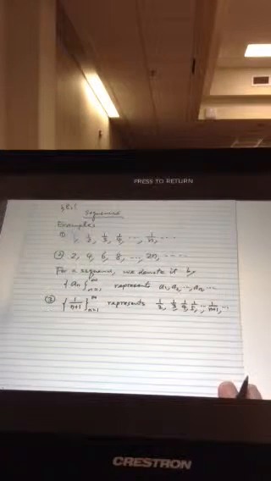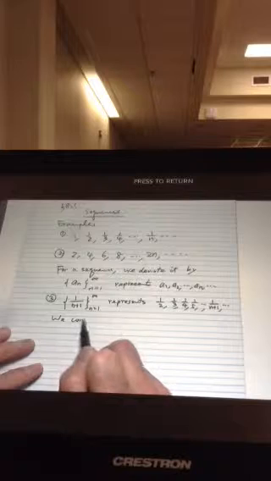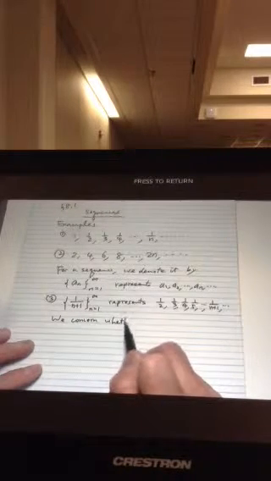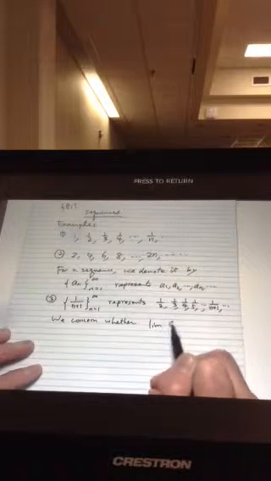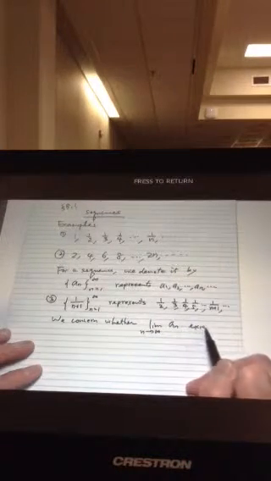And what we're concerned about is one thing, namely whether the limit exists as n approaches infinity.